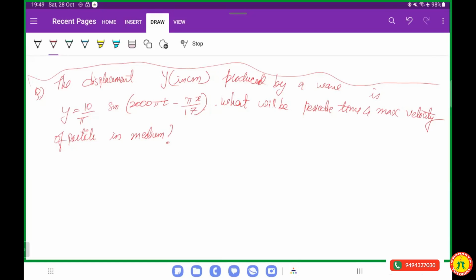So what we'll do here, we need to compare with our equation. For that, we need the values. So let me give you formulas for that.